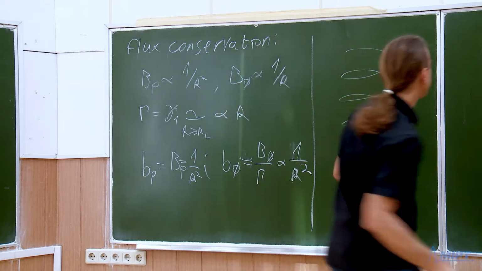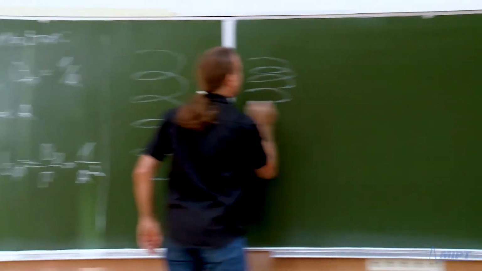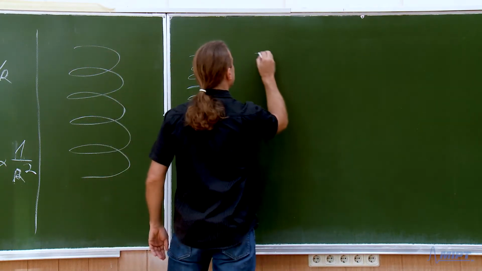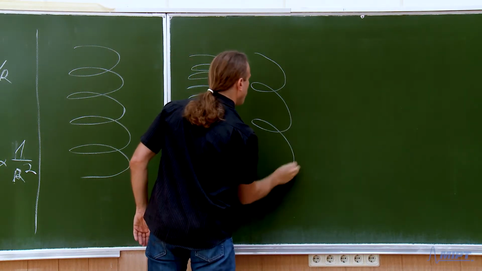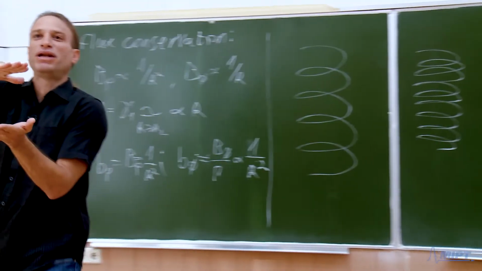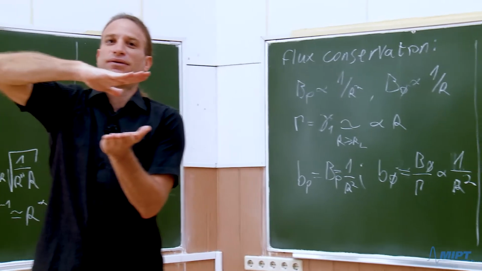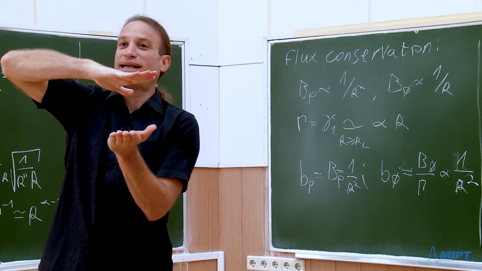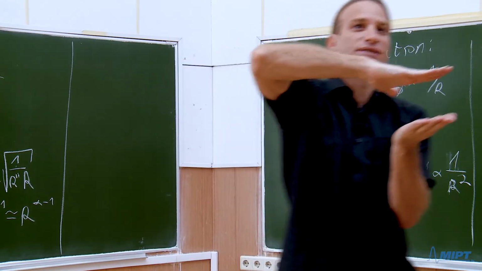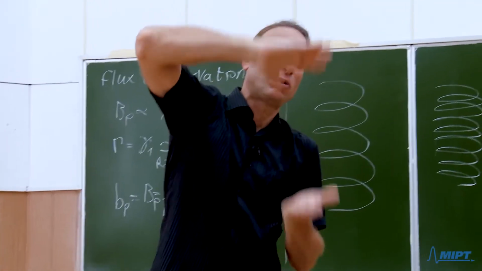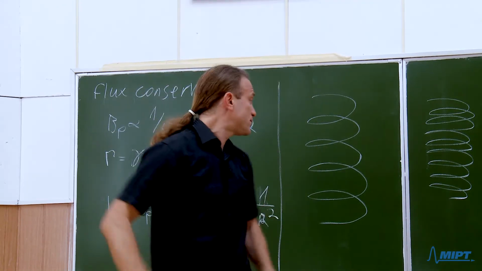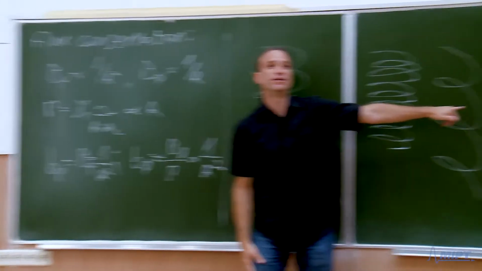So this is large B phi, and this is small B phi. When you're compressing the spring, what is happening? The spring has tension. So what does it do? It applies a force that opposes your compression and tries to make the spring expand. So the spring wants B phi to be smaller.